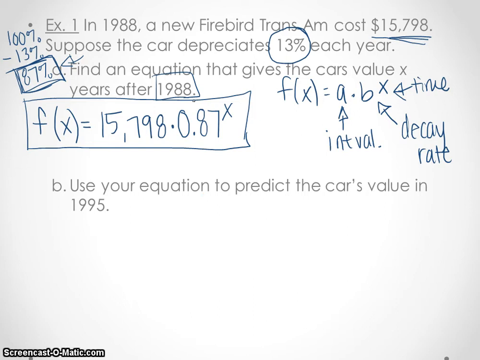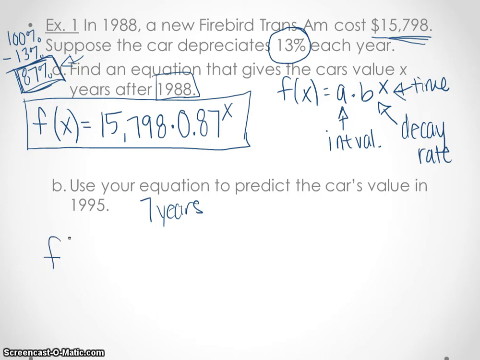Now if I left my equation this way, I'd need to ask how many years have passed to get me from 1988 to 1995. I would do 1995 minus 88, and that would give me 7 years. So 7 is the exponent that I'm going to put in here.